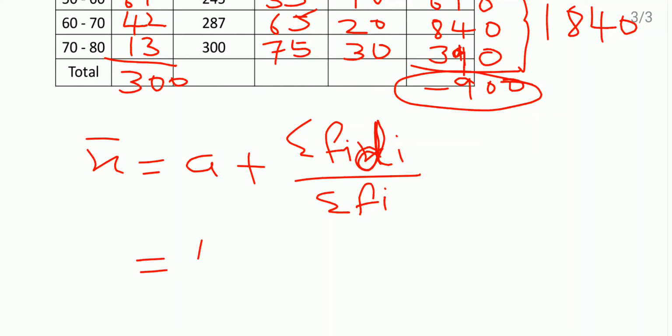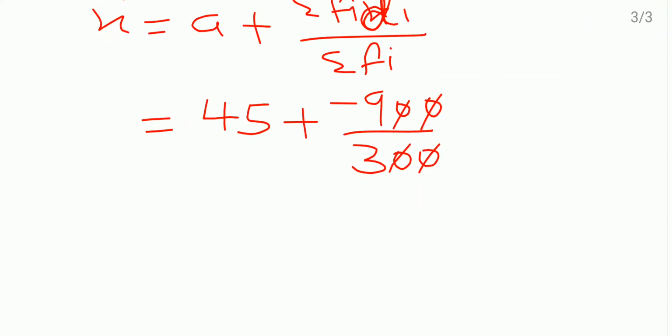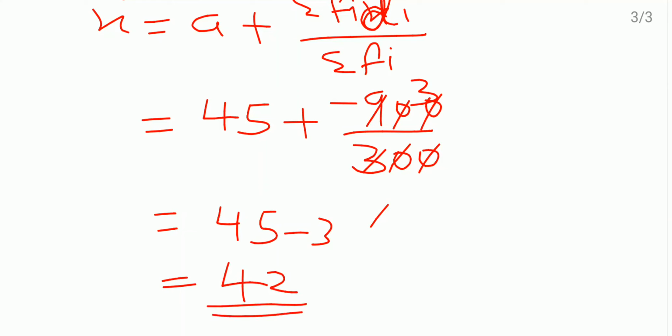So here A is 45 plus sigma fi di, which is minus 900, divided by 300. Cancel these zeros. And 3 3s are 9. So here 45 minus 3, our answer comes as 42. So the mean of the data is 42.